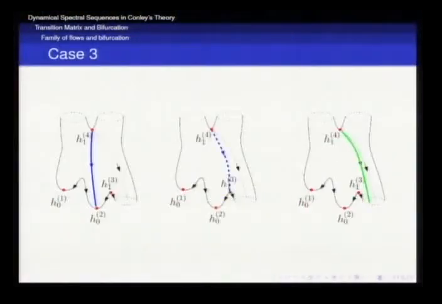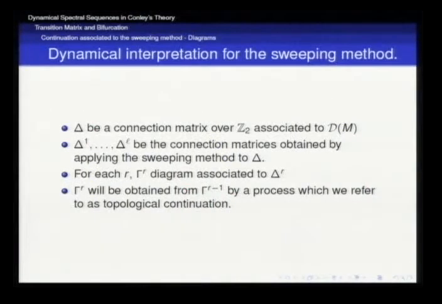Okay, so let me just go past these quickly and just show you this dynamical interpretation then. So delta is a connection matrix over Z2 associated to this set of critical points, decomposed, let's say, in this finest filtration. Okay, so we have the collection of connection matrices.